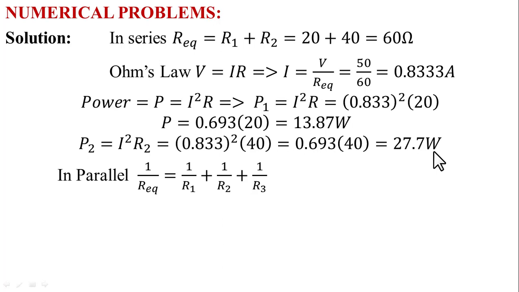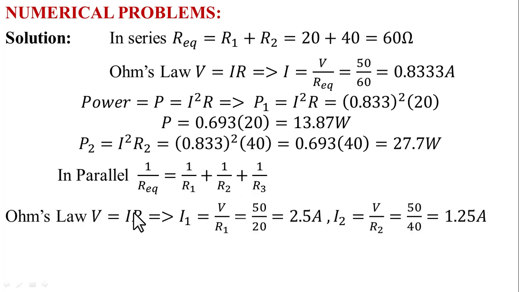Now in the parallel combination, the given resistance is 1 upon R equivalent is equal to 1 upon R1 plus 1 upon R2. Here we can put the values and calculate the resistance. Now we can calculate the current. According to Ohm's law, V is equal to IR.